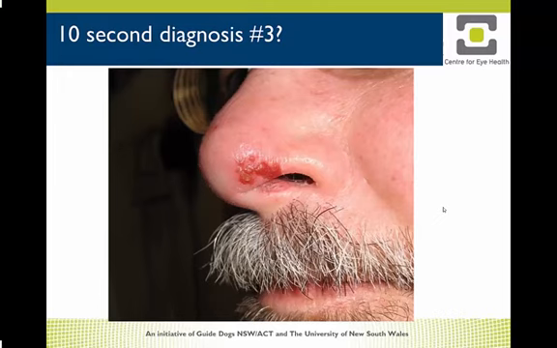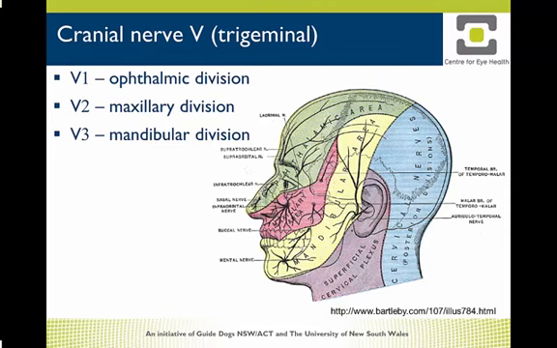Let's now go on to a third diagnosis, and we see that there are some lesions here on the tip of the nose. And this, of course, is known as Hutchinson sign, because the ophthalmic division of the fifth cranial nerve innervates the tip of the nose. And if we look at the different parts of the fifth cranial nerve, the ophthalmic, maxillary, and mandibular division, the nasal nerve here is part of the ophthalmic division.